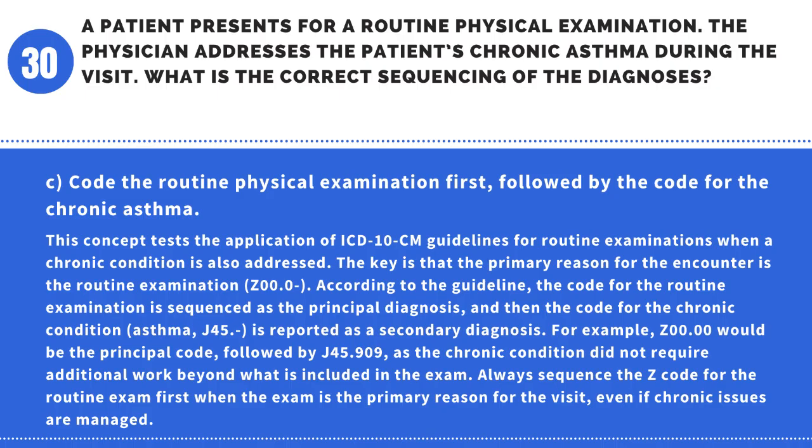For example, Z00.00 would be the principal code, followed by J45.909, as the chronic condition did not require additional work beyond what is included in the exam. Always sequence the Z code for the routine exam first when the exam is the primary reason for the visit, even if chronic issues are managed.